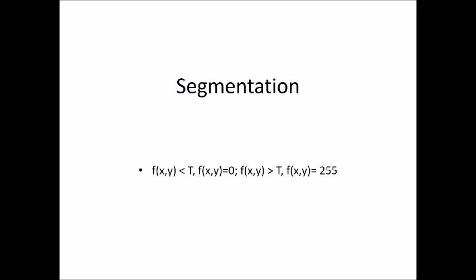T is the threshold, chosen according to the information of the image, but it can also be chosen by an adaptive method. Image threshold processing is a nonlinear operation. It sets the grid value of the pixel to 0 if it is less than the threshold T, and vice versa.